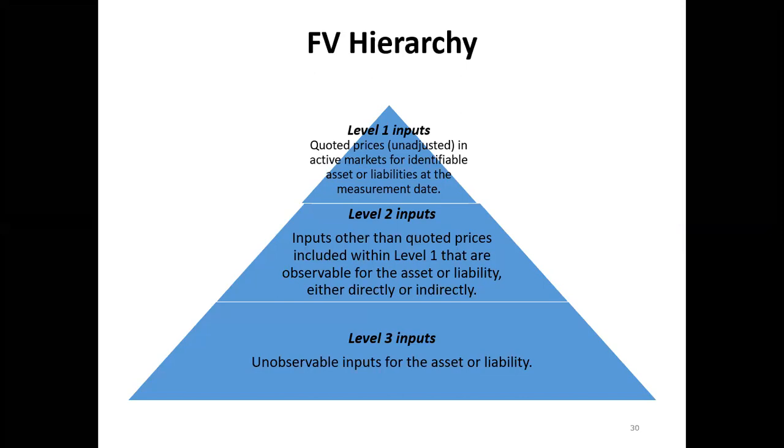Then out of that, in a given situation, what you must try to do is maximize the use of observable inputs and minimize the unobservable inputs. If I take these levels, level 1 and level 2 are the observable inputs. Level 3 is what we call the unobservable inputs.